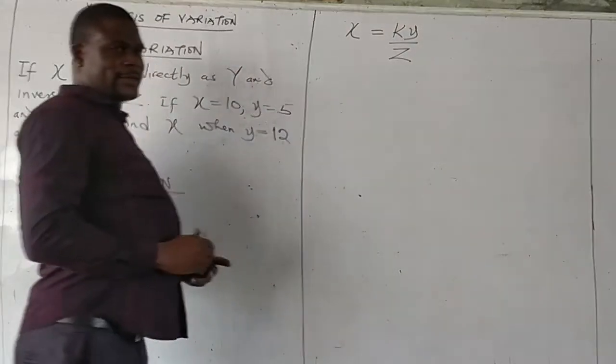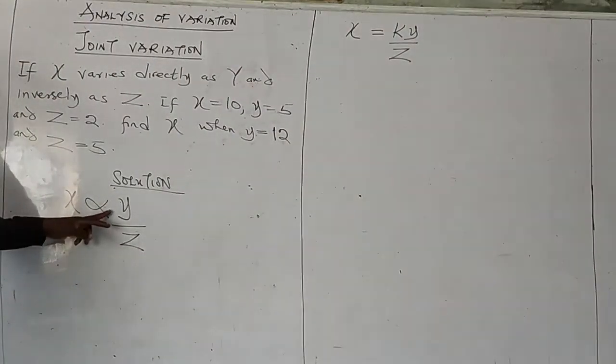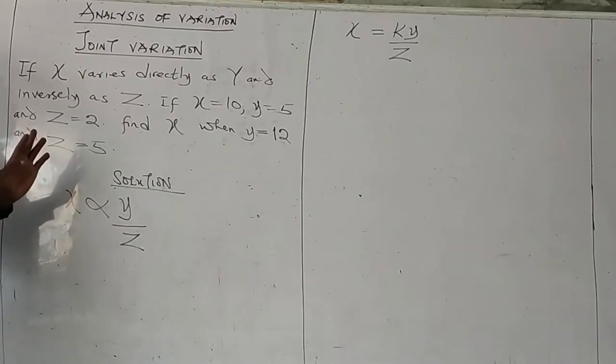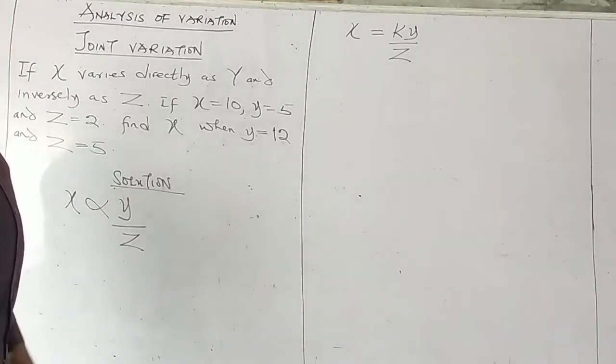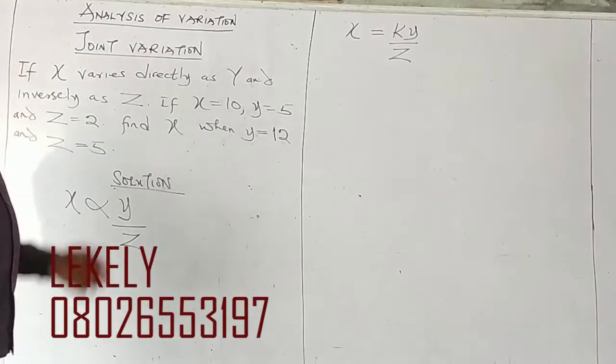Do you agree? Because y is there, I can't throw the y away. Unlike if it is inverse only, it will just be k over z. Are you getting it? So k times y over 1 times z.